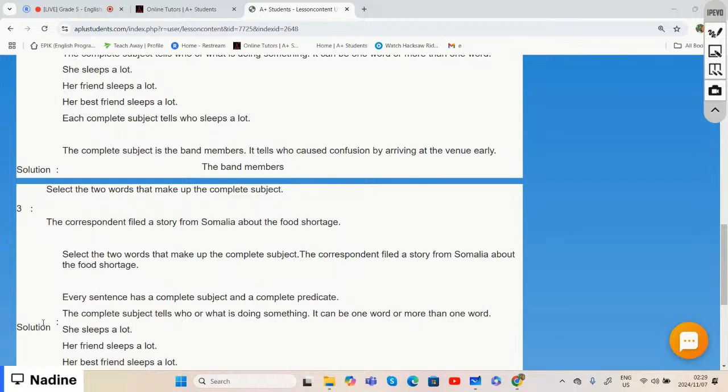We need to select the subject of that sentence that tells us either who is doing something or what is doing something.